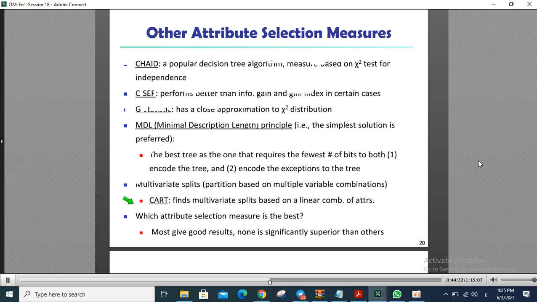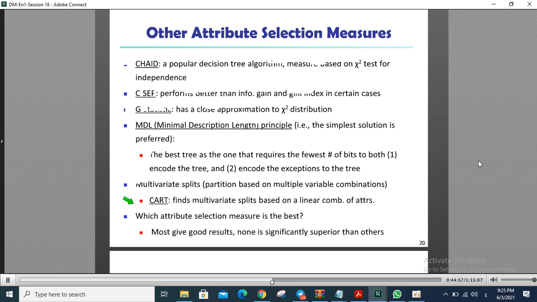So maybe the last question is this. We have different measures for selecting attributes. Which of them is better than the rest? Which of those attribute selection measures is the best?